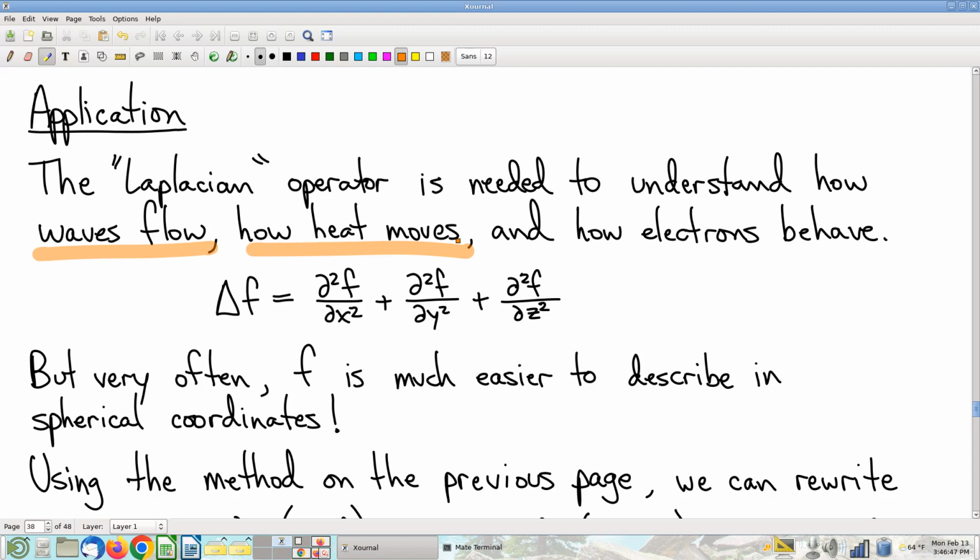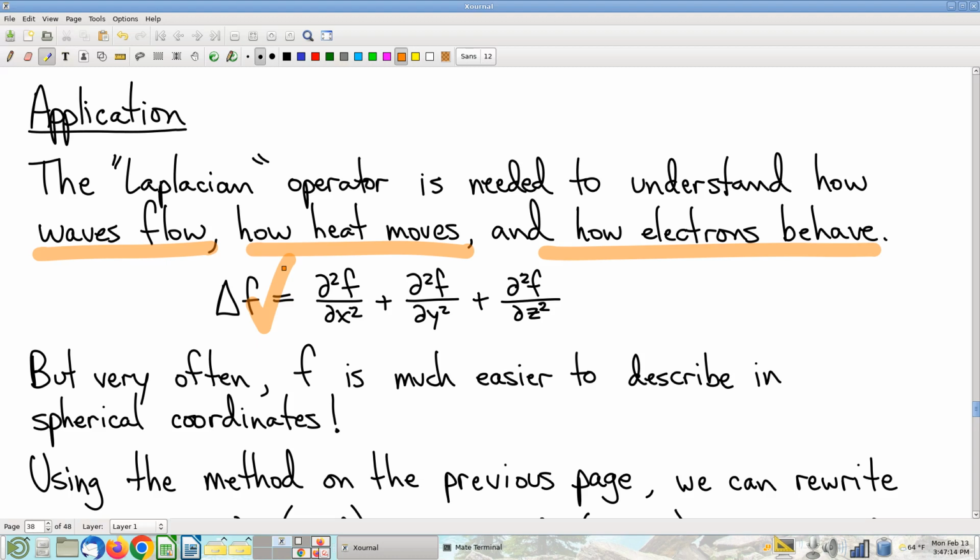In reality, heat is distributed throughout 3 dimensions, and it flows in all different directions. Also very complicated. And then things about potential energy when you have charged particles arranged in a certain way, and electric potential, this kind of thing. All of these, understanding them requires understanding the Laplacian. So this is a huge deal in physics.